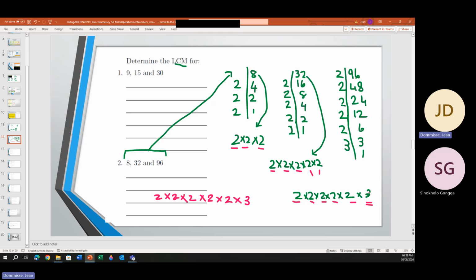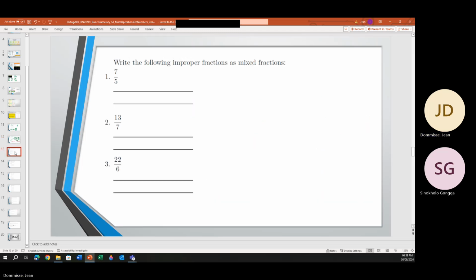So that is lowest common multiple by only looking at numbers. I'll do lowest common multiple again when we do your exam prep, so we will look at that.